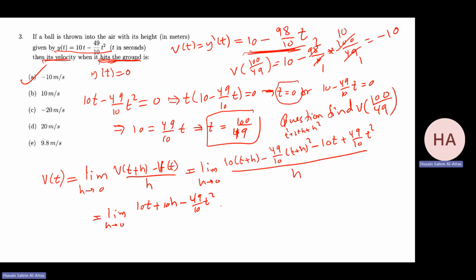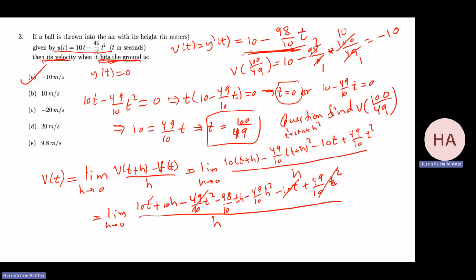With 2t, it will be minus 98 over 10 t, h minus 49 over 10 h squared. This one cancels with this one, and this one cancels with this one.